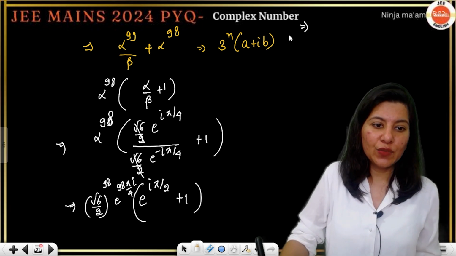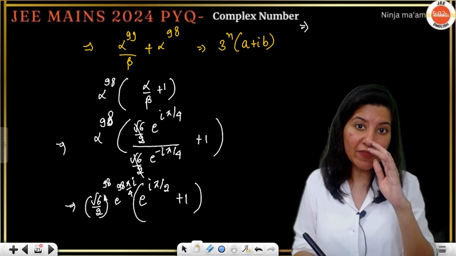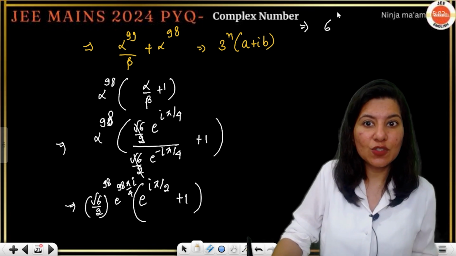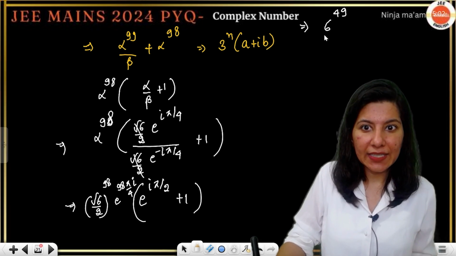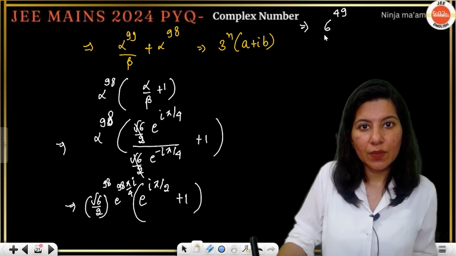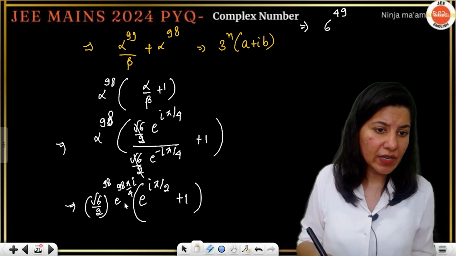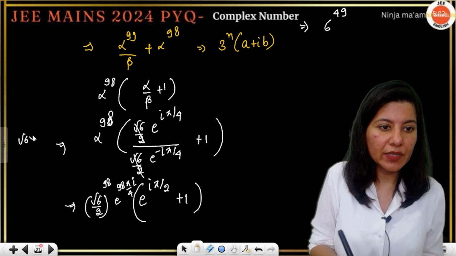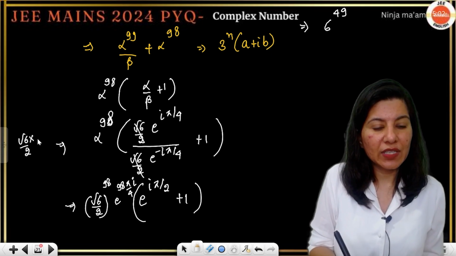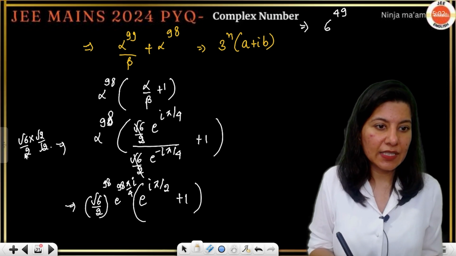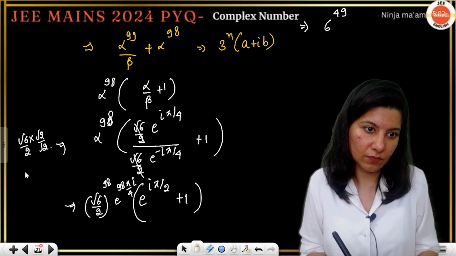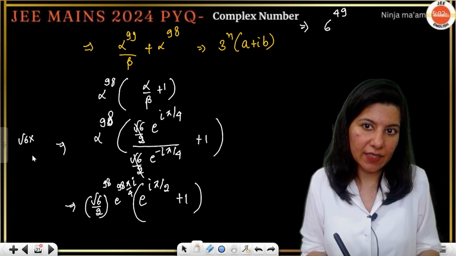Finally, you will have root 6 power 98, which will be 6 raised to power 49, upon 2 raised to power 98. Okay, let it be. 6 power 49, perfect.